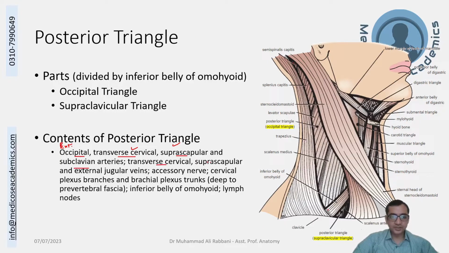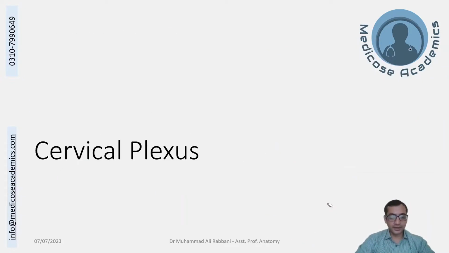Then the external jugular veins, accessory nerves, cervical plexus branches, brachial plexus trunks. The brachial plexus is seen a little here between scalenus medius and scalenus anterior. Here is the boundary of scalenus anterior, here is the scalenus medius. So you will see the brachial plexus exiting from here and going behind into the axillary region. So this is about the posterior triangle.